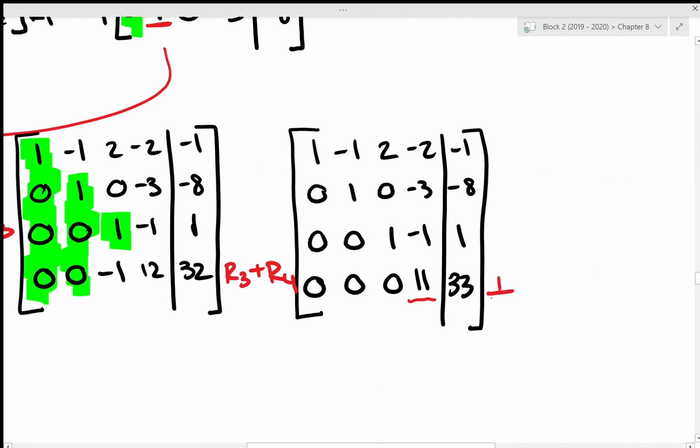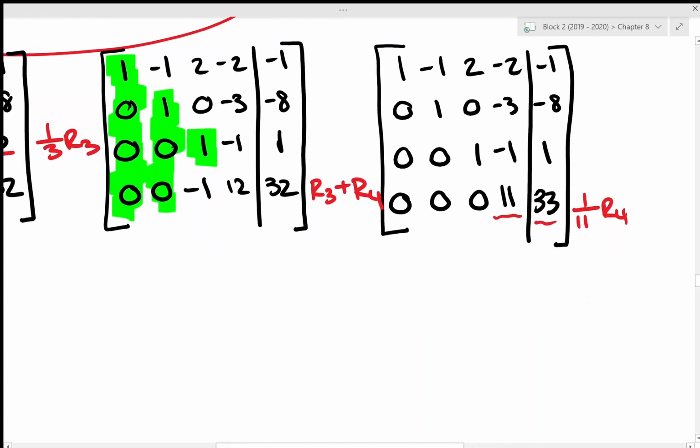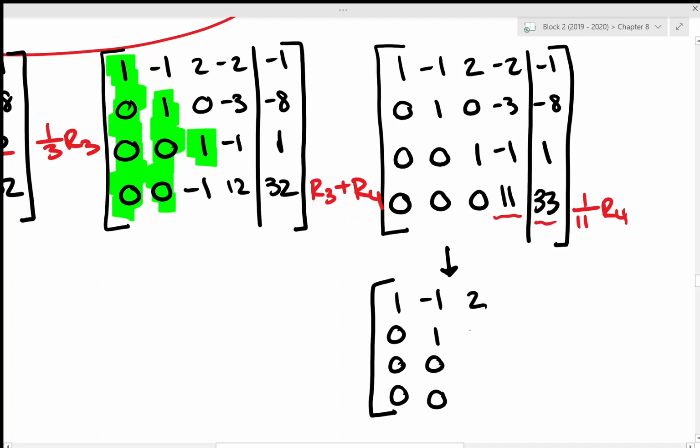Luckily, when I divide by 11 or multiply row 4 by 1 over 11, everything actually is divisible by 11. So I will get a whole number. You don't have to worry about fractions for answers. And when you do that, you will get 1 with the zeros below, -1, 1 with zeros below, 2, 0, 1 with a 0 below, and then -2, -3, -1.